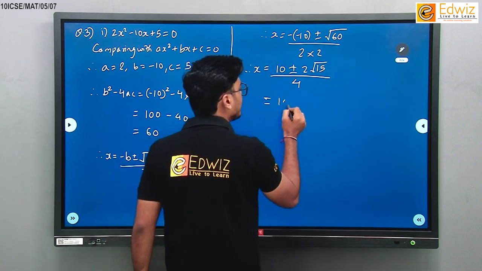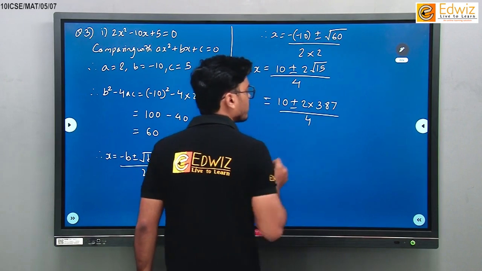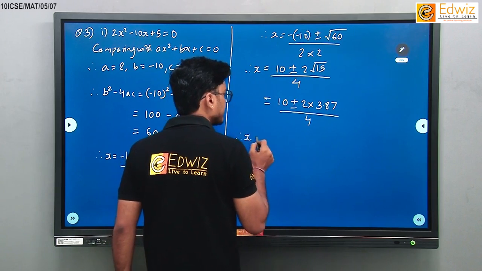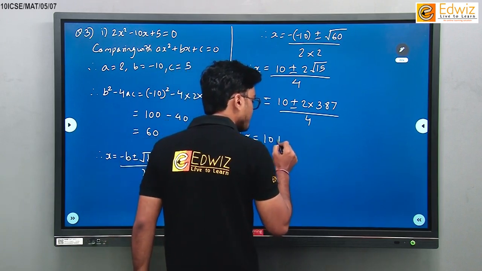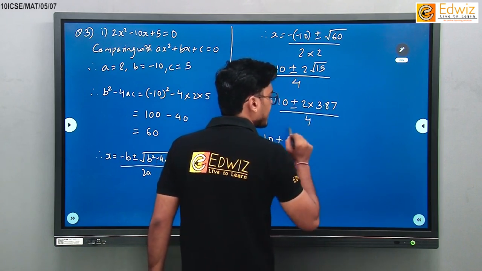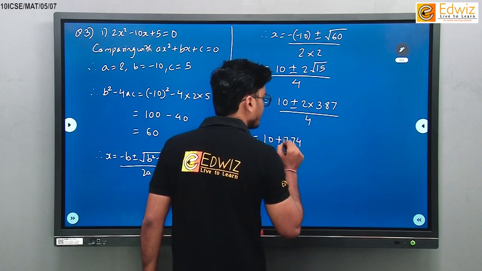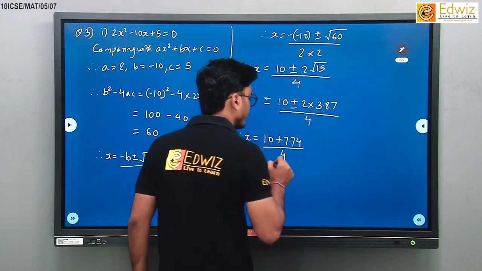So this is equal to 10 plus or minus 2 into 3.87 divided by 4. Correct? The value of x is equal to 10 plus, let us multiply this. This is 2 7s are 14, 1 carry, 2 8s are 16, 17, 1 carry, 2 3s are 6, 7.74 divided by 4. Okay.